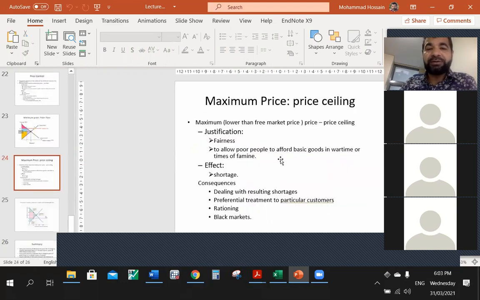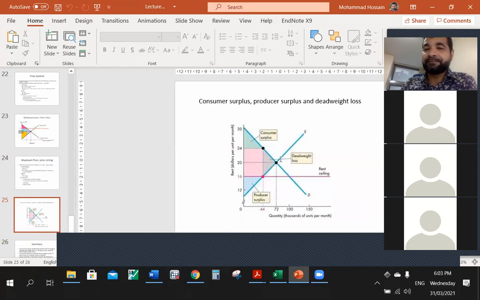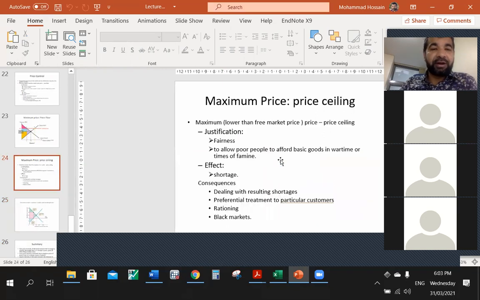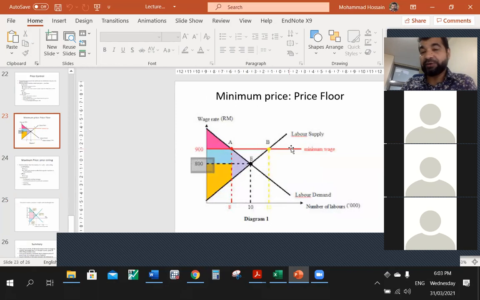Now we'll talk about rent. Another thing you have to talk about here. At $900, the demand for labor is at this point. Since the wages have increased, more people are willing to work now, so labor supply has increased.